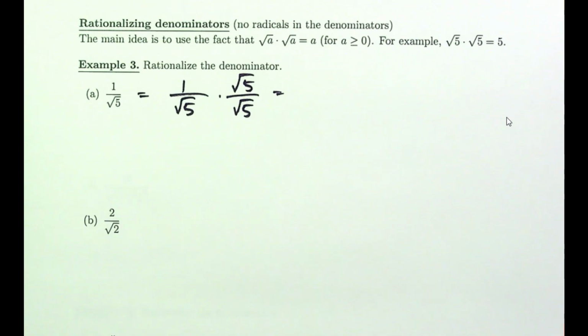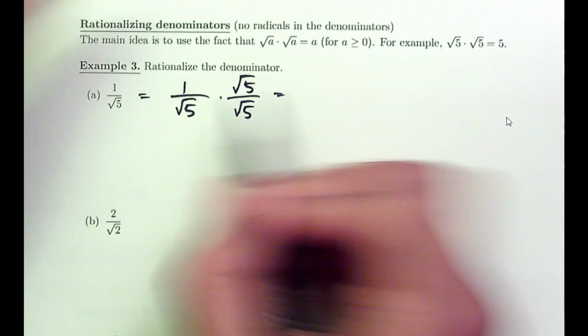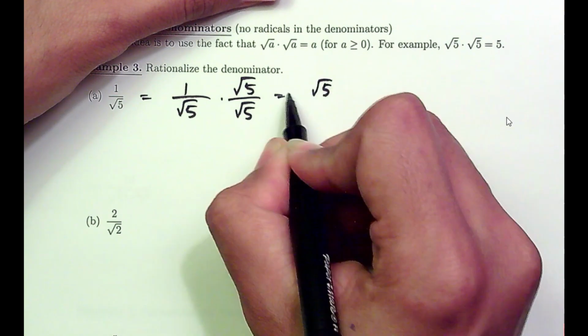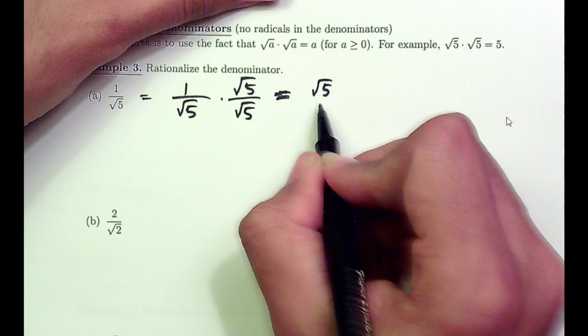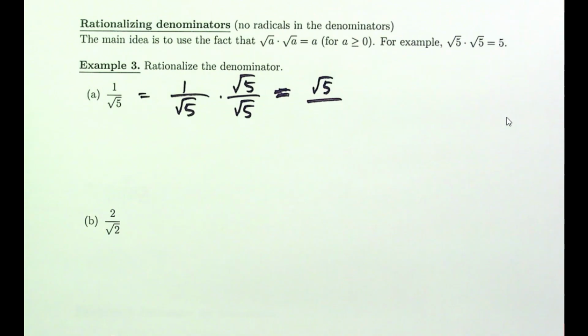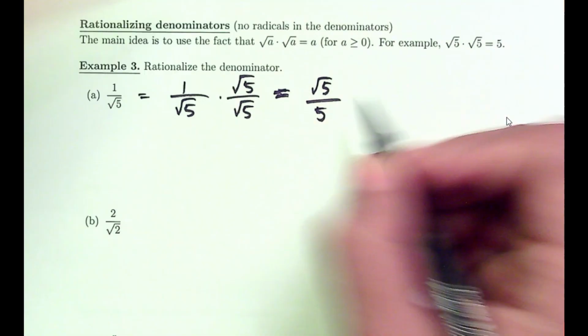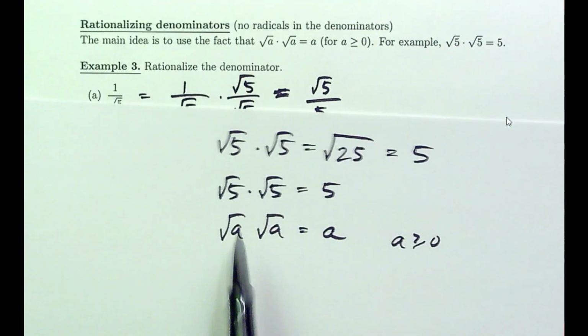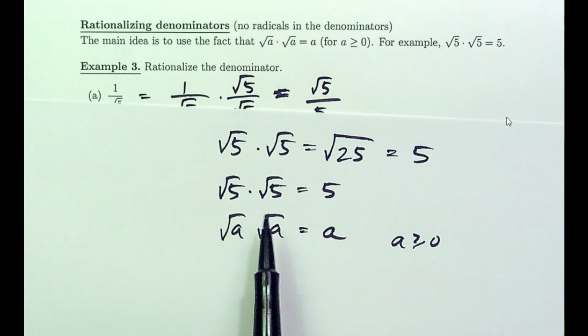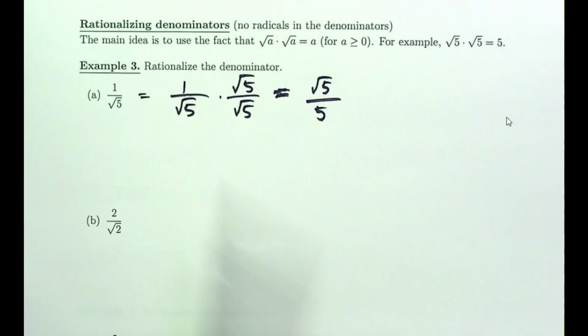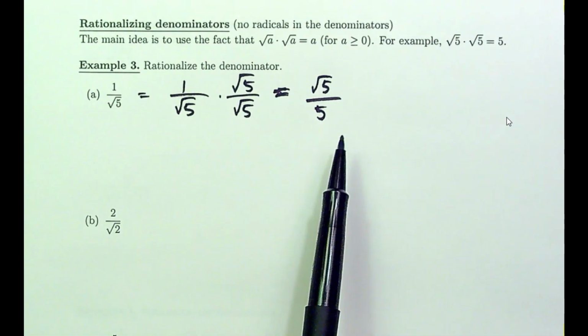So this is what you get. Now, you multiply across. 1 times square root of 5 is square root of 5. And then the bottom is 5, using this property that I just mentioned: square root of a number by itself gives you the number without the square root. The square root of 5 times square root of 5 equals 5.